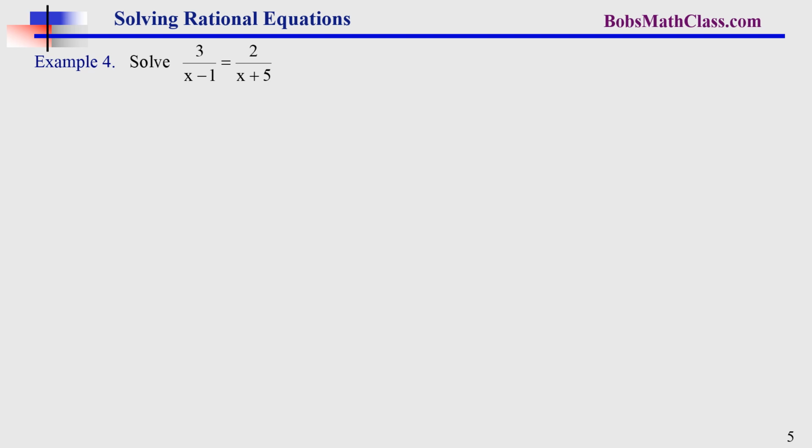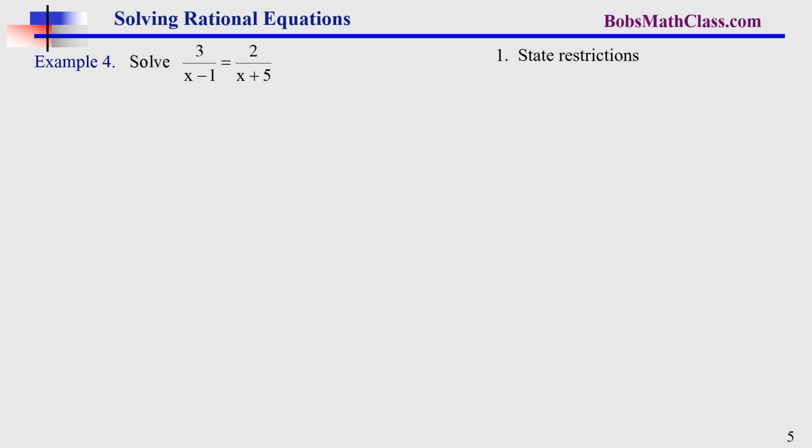Okay, example 4. Solve 3 over x minus 1 equals 2 over x plus 5. First thing is to state the restrictions. The fraction on the left, x cannot be 1.